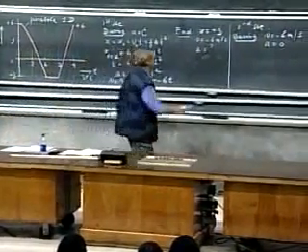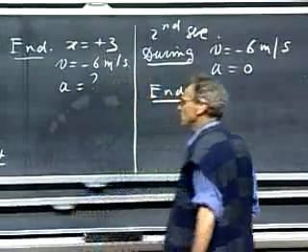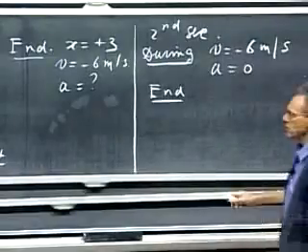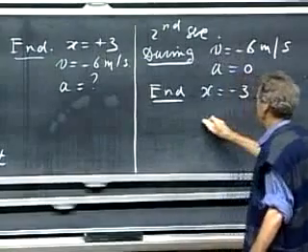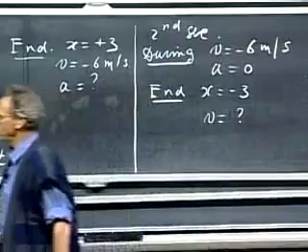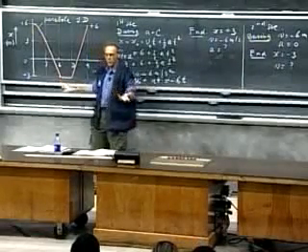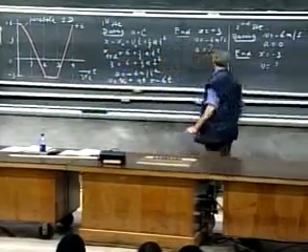And what is the situation at the end of the second second? At the end, I know that x equals minus 3. What is the velocity? I don't know, because it changes abruptly here from minus 6 to 0. So I don't know exactly what it is at that point. It's a non-physical thing. It's a very abrupt change.